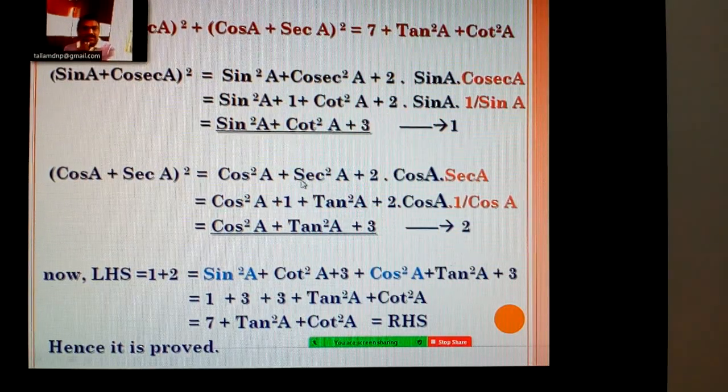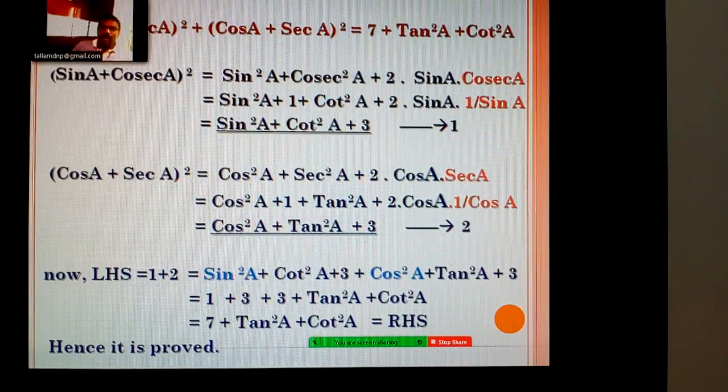Next, in the second part, the expanded secant² A is replaced by 1 + tan² A, and secant A is replaced by its reciprocal identity 1 by cos A. By simplification, we get two equations. As we add these two equations, we get this expression. Again, sin² A + cos² A is replaced by its equivalent numerical value, that is 1. By adding all these, we got this expression, which is nothing but RHS.